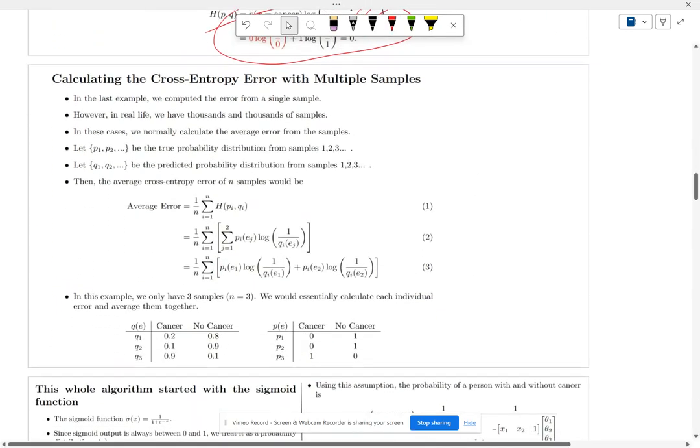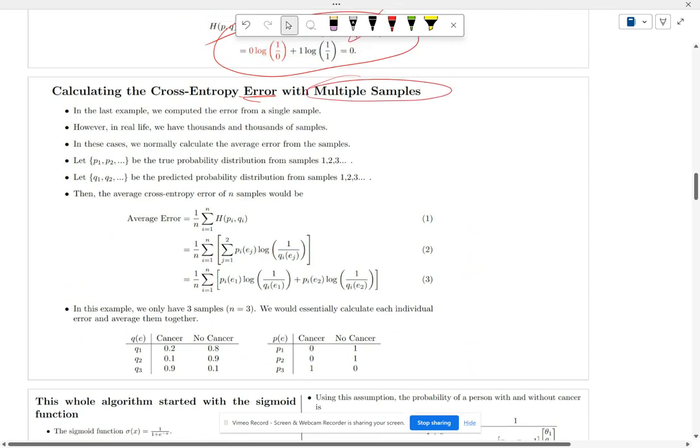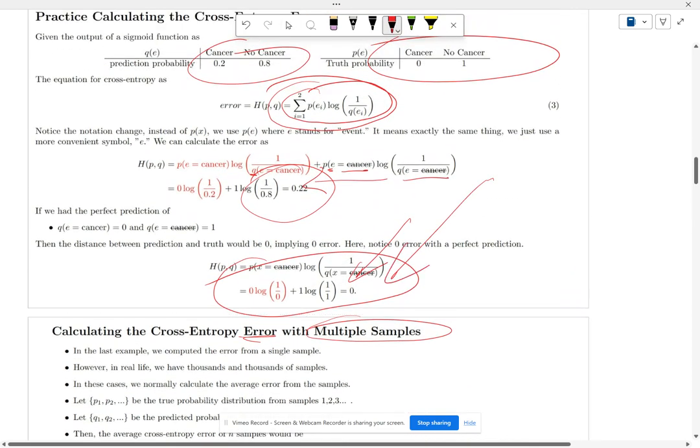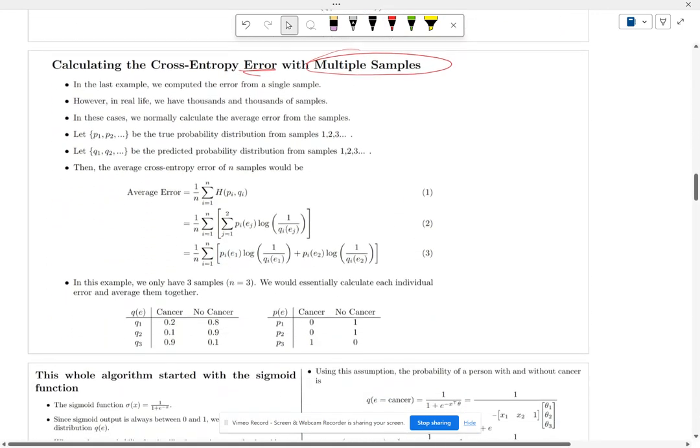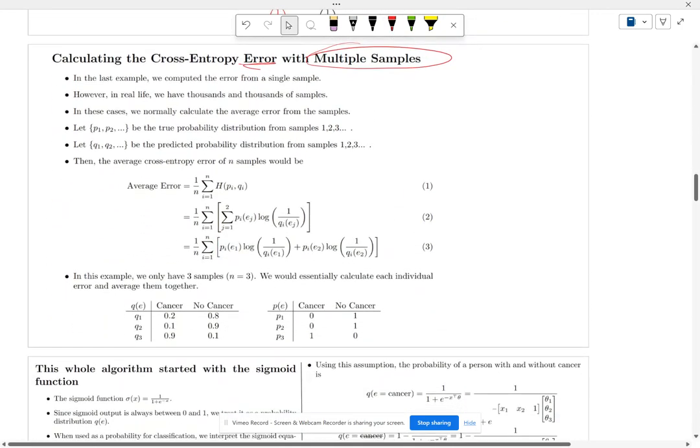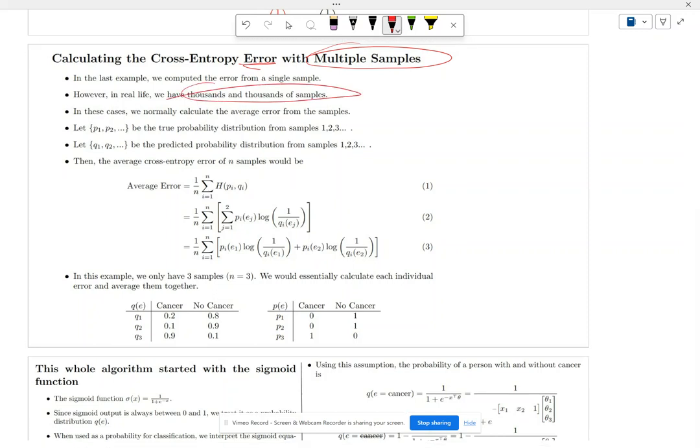Now, calculating the cross entropy error with multiple samples. The example we just showed you was with one single sample, right? But in an experiment, you have n number of samples, so you have to add them all up. In real life, we may have thousands or millions of samples. In those cases, we normally calculate the average error from the samples.